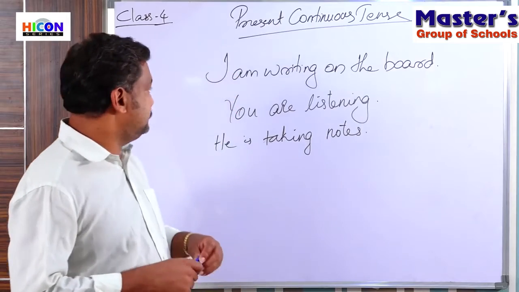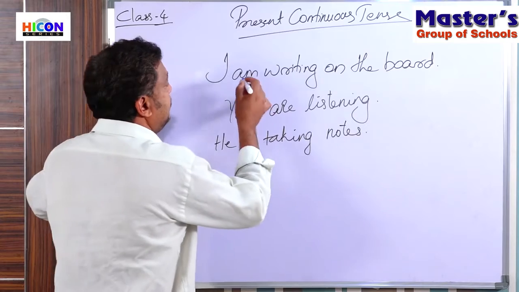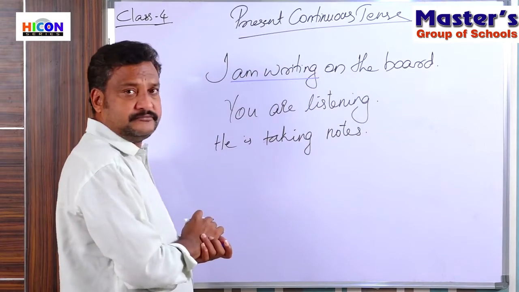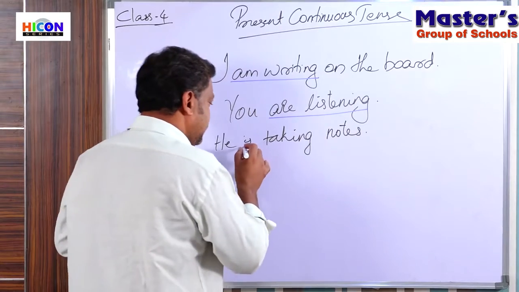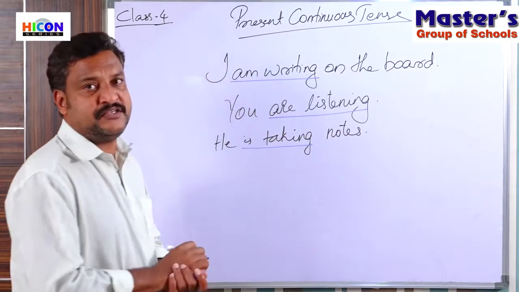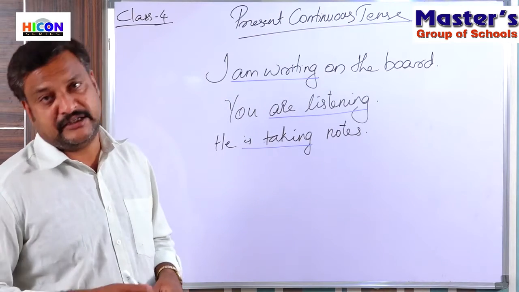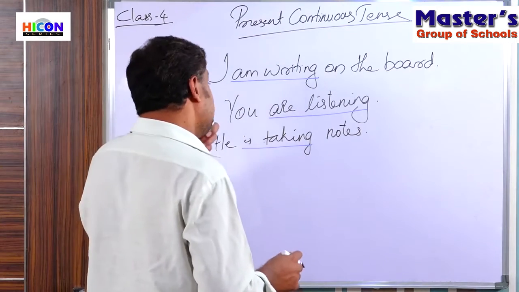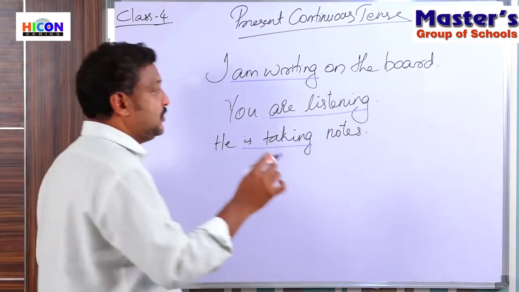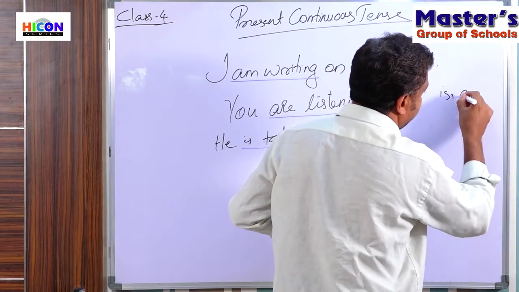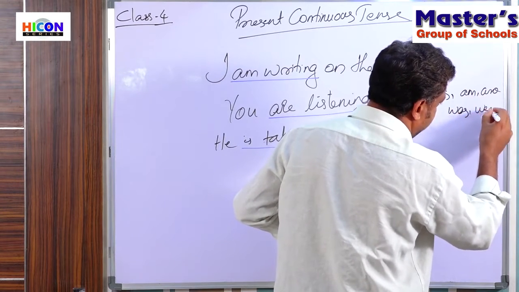Okay. So now, let us have a look at these sentences. What is the verb here? Am writing. Isn't it? Here, are listening. Here, is taking. Isn't it? So there is something with the verb when we use them in the present continuous tense. What is that? Yes, we use a be form. Which be form? The be form in the present tense. We know is, am, are, was, were.